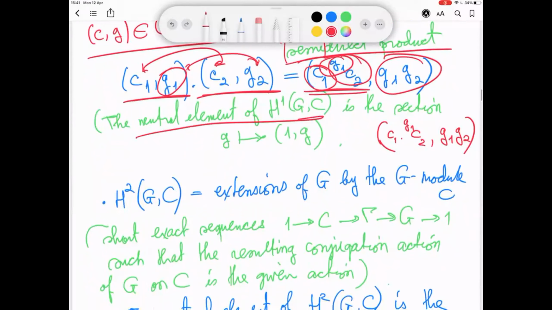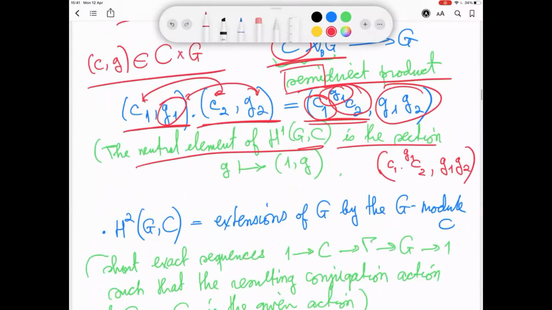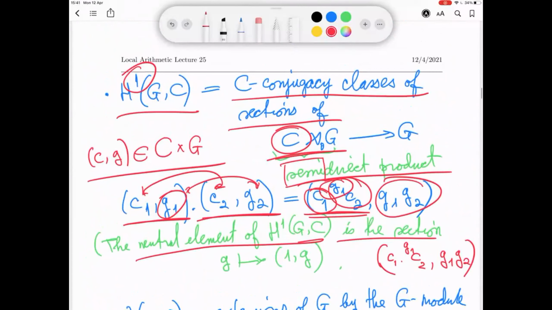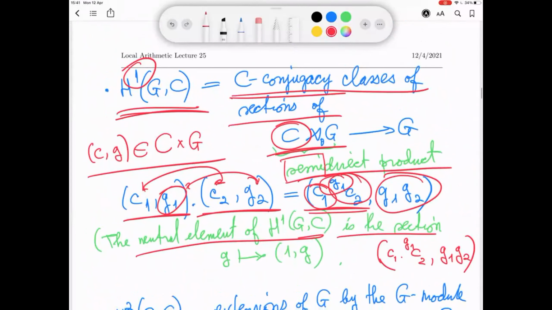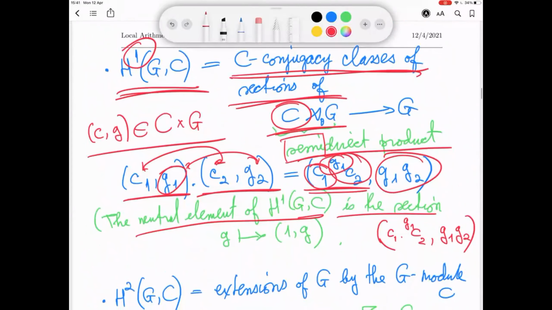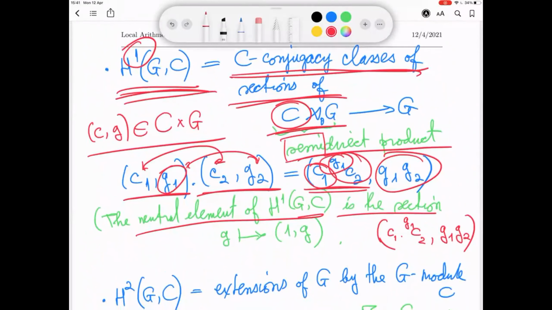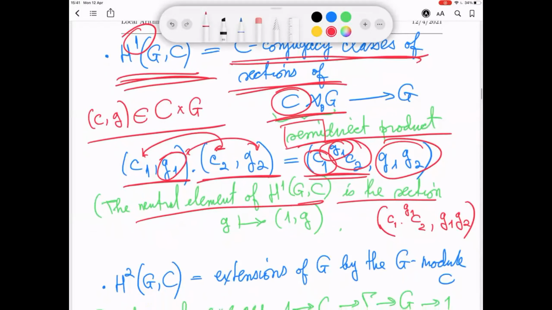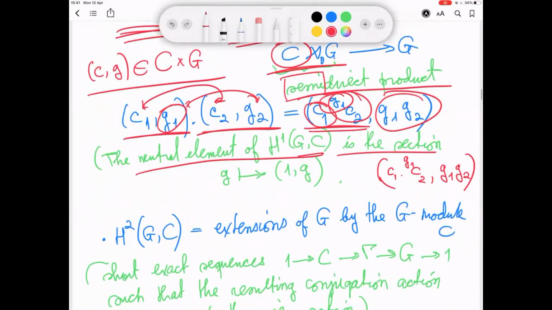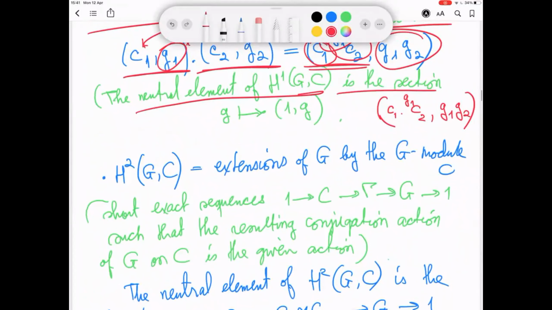So this H^1 can be identified with the set of all conjugacy classes. I also said that H^i in general are groups, so each of them has to have a neutral element. You can ask, what is the neutral element of H^1? The answer is that it is the section.